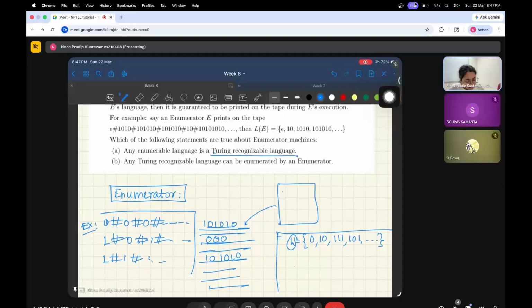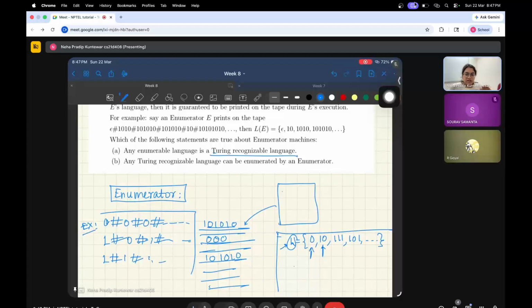It will go through all possible strings. We know these are countable strings, so it's not necessary that it goes in that order. It can do whatever it wants. One possibility is it goes through all the strings and checks if one of the strings matches the language L. If it does, then it will print.